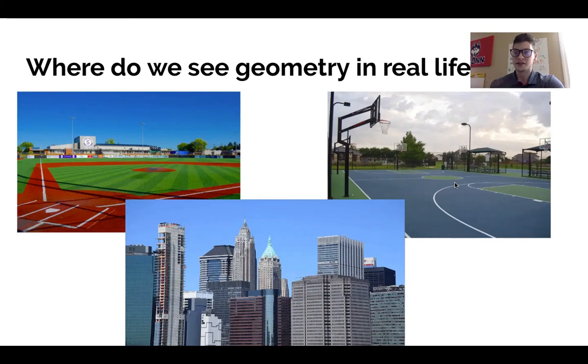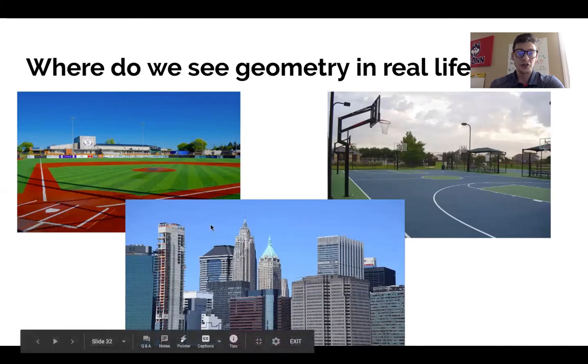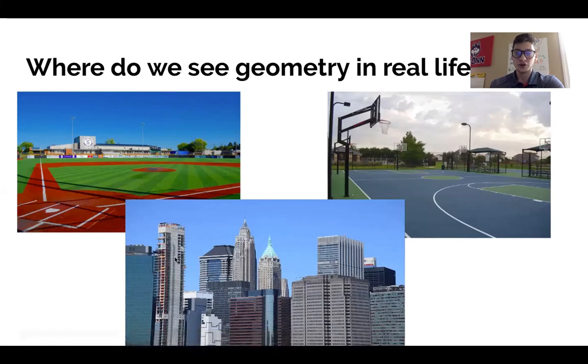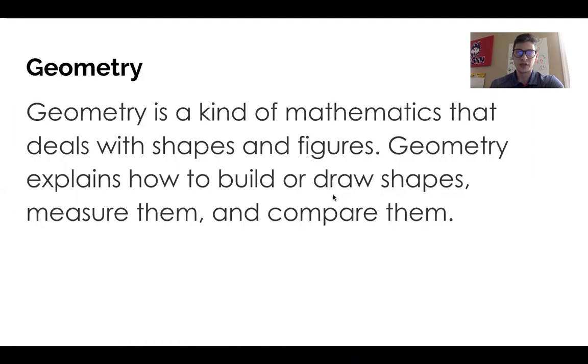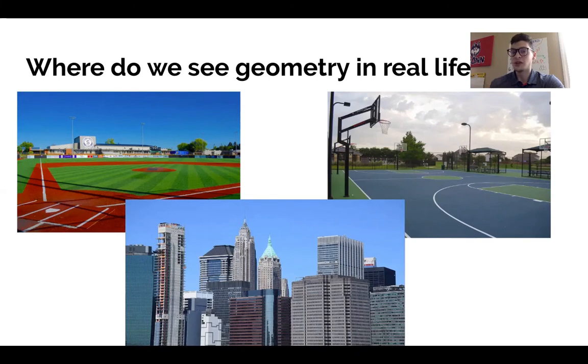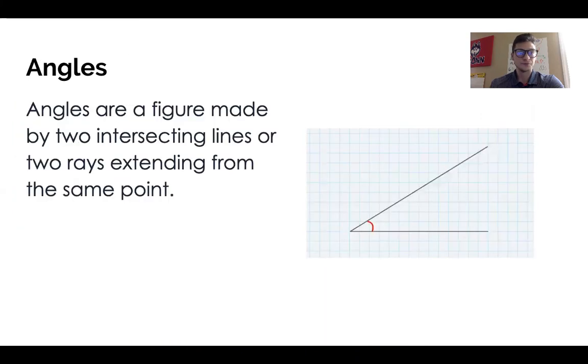So various shapes and geometry come into play there as well. And the third example of where we see shapes and geometry in the real world is skyscrapers. Again, geometry is dealing with shapes and figures. So maybe you can think of an additional place that we'll see geometry in the real world.